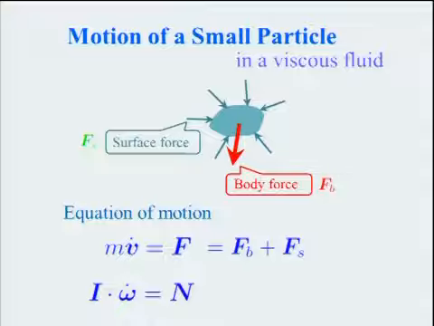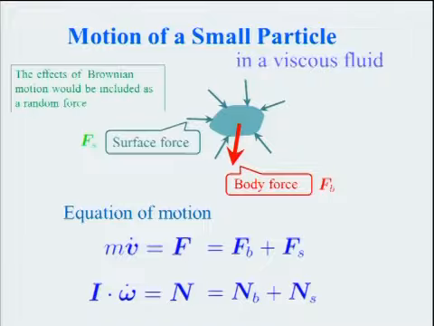Another equation of motion is this. This is the moment of inertia, and omega is the angular velocity of this particle. N is torque. And the Brownian effect is included as a random force. I tell this later.